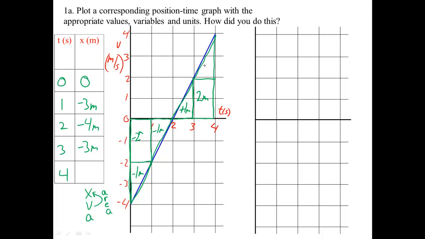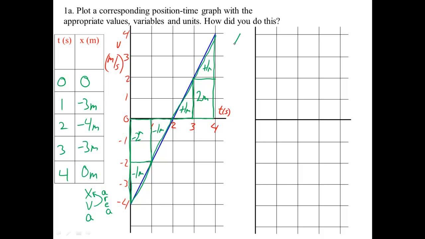This part will be +1 meter because once again base times height divided by 2: the base is 1, the height is 2, divided by 2, that's +1 meter. I'm adding up all of these areas from 0 to 4, and they add up to a total of 0 meters.